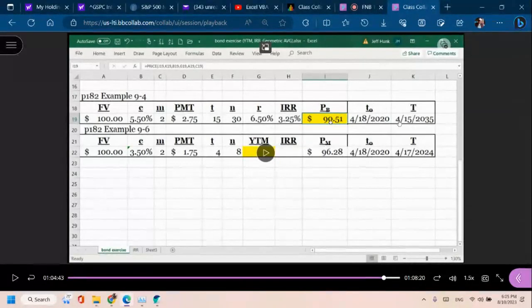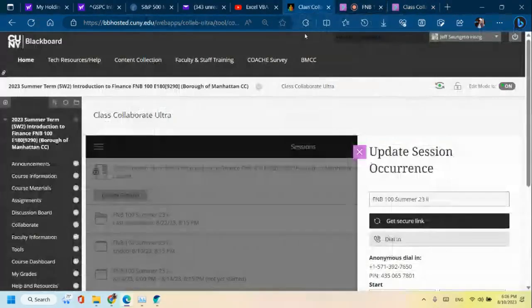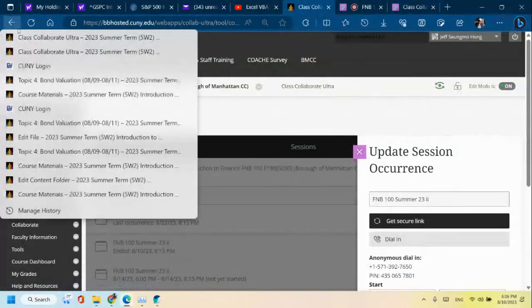This is maturity, of course. And I explained what settlement is. Settlement is literally settling the transaction. If you have settled the transaction, what does that mean? It simply means you made the payment.